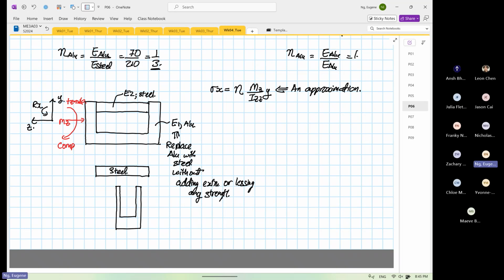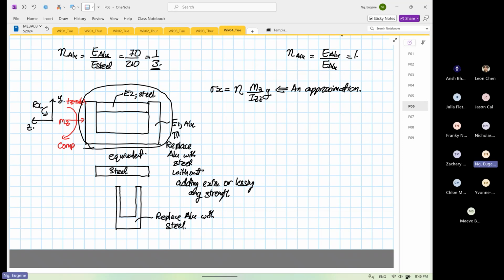So this structure over here is equivalent to this geometry of steel, and now you replace aluminum with what? Steel.